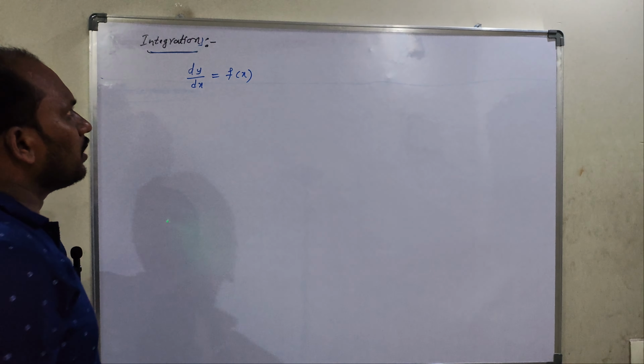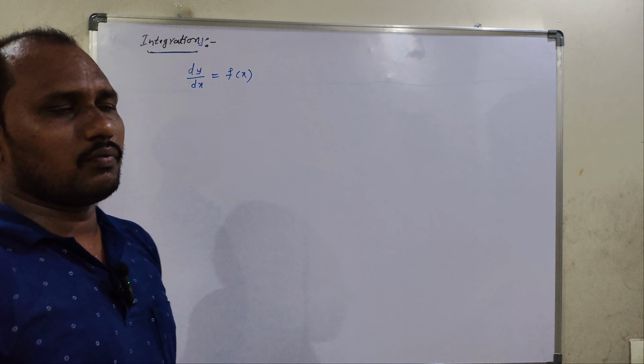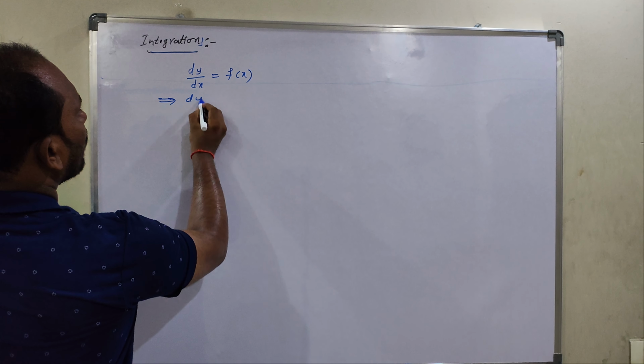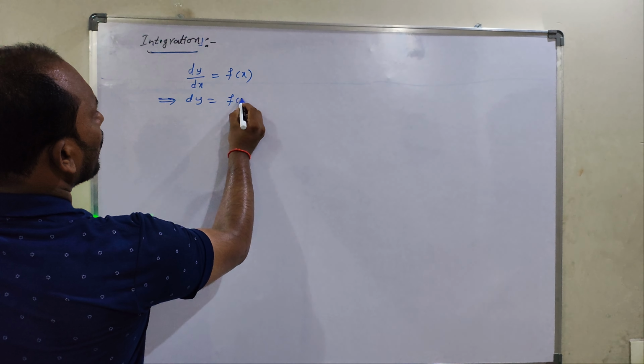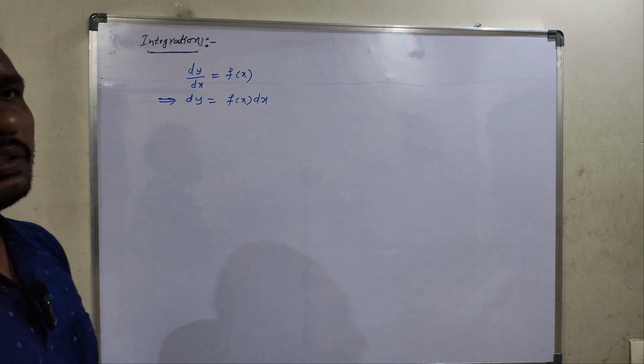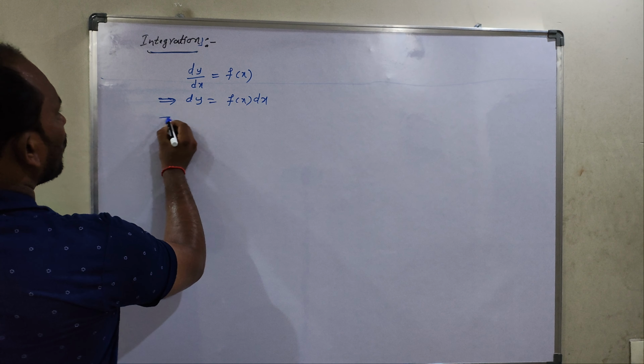So let's take an example. Suppose dy by dx is equal to f of x. Now dy is equal to f of x into dx. So now I want y.